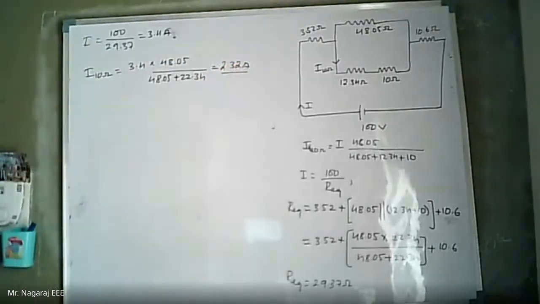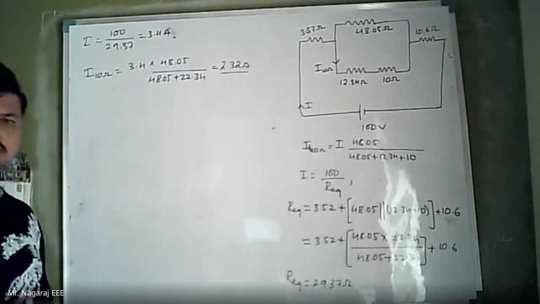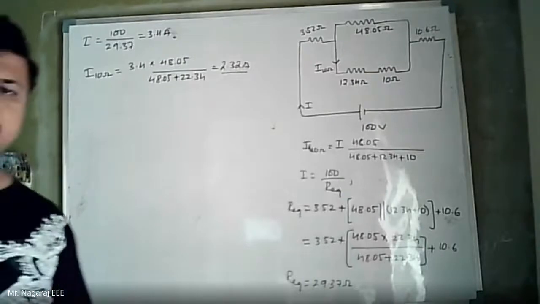So this is the current flowing through the 10 ohm resistance.